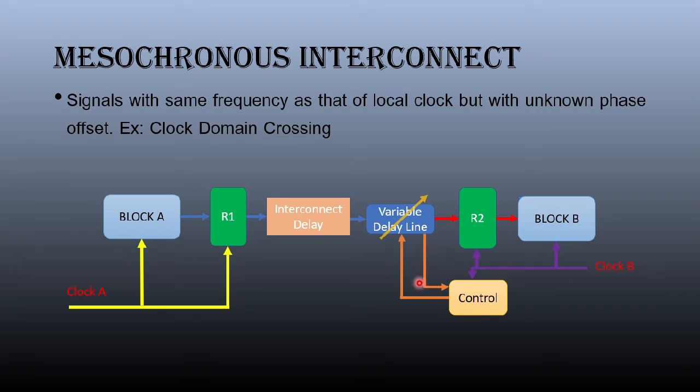It compares both of them and eliminates that phase difference by using variable delay. It delays the signal more so that it comes in sync with clock B. So the output of this variable delay line will be in sync with clock B. The phase is fixed with clock B, right? This is what it achieves.